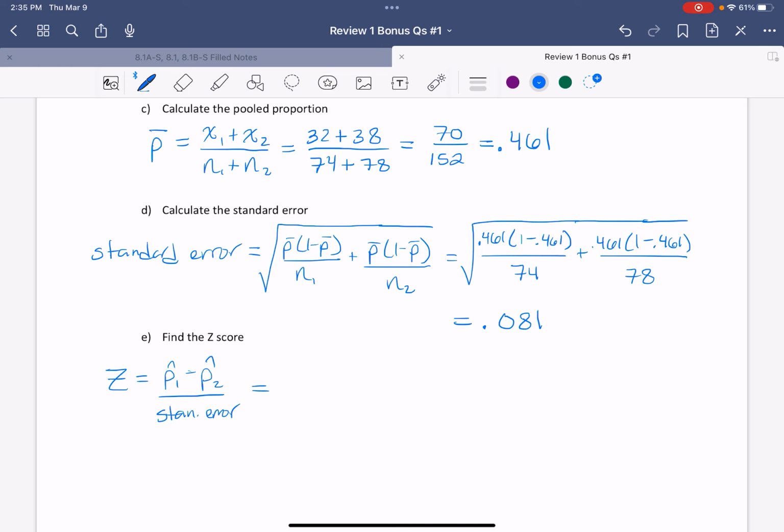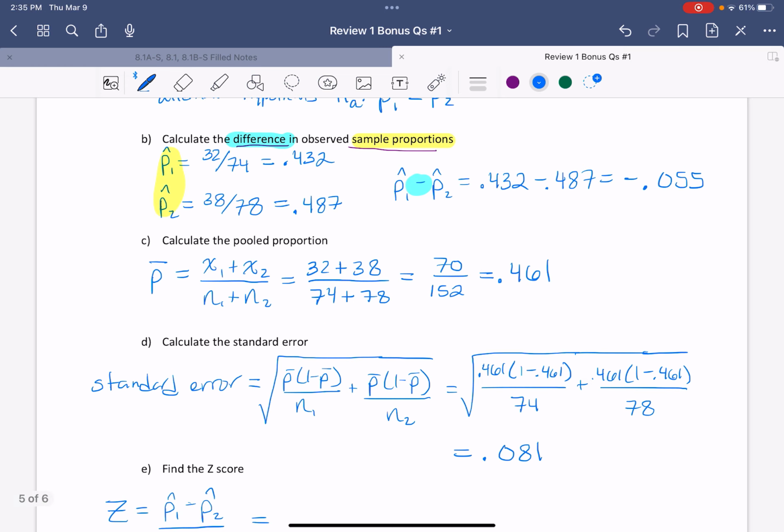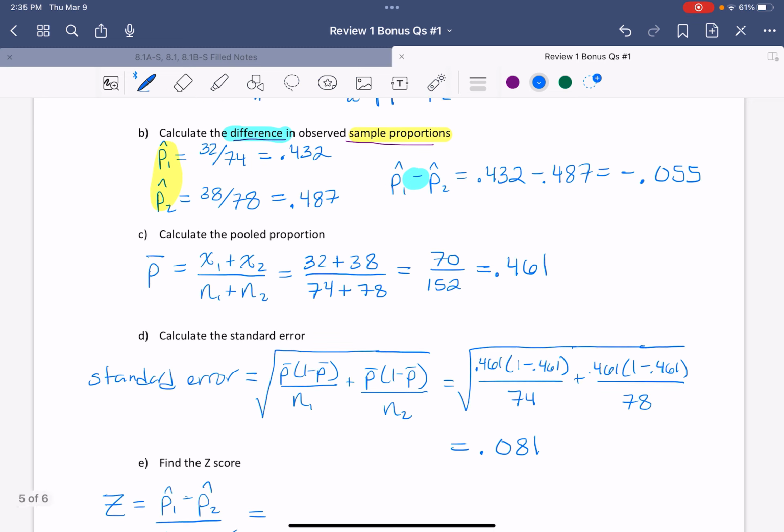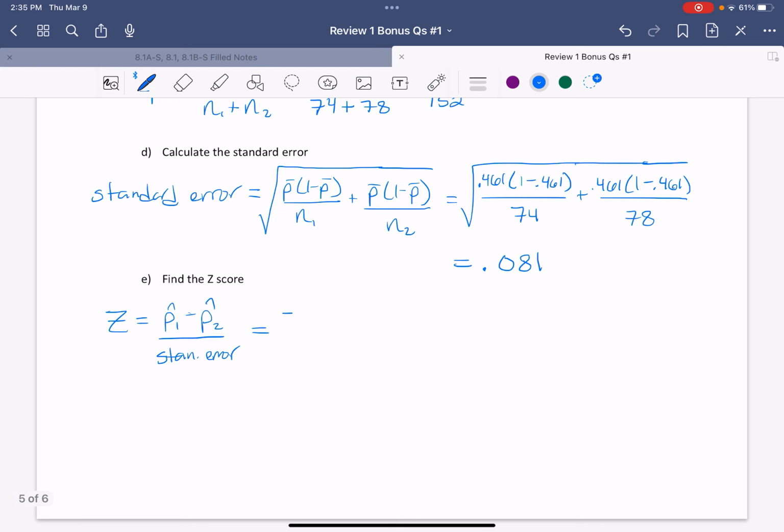The difference of these sample proportions we did in part B. We had gotten the difference to be negative 0.055, over the standard error we just found in the previous step, so that's 0.081. Plug that into your calculator. I had gotten negative 0.679.